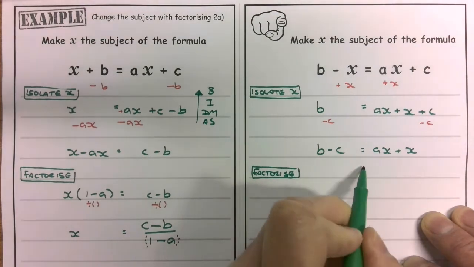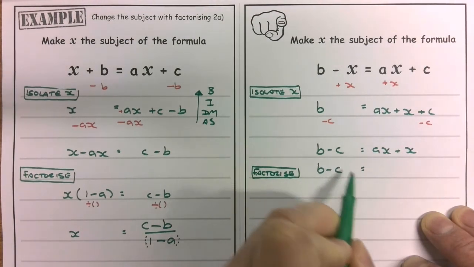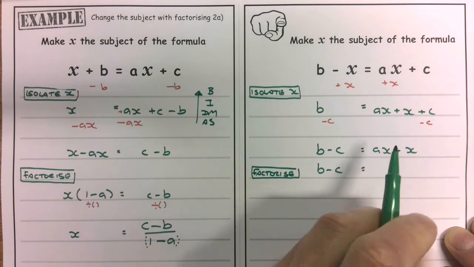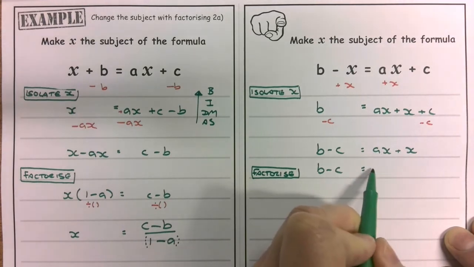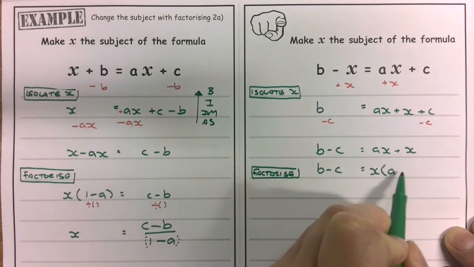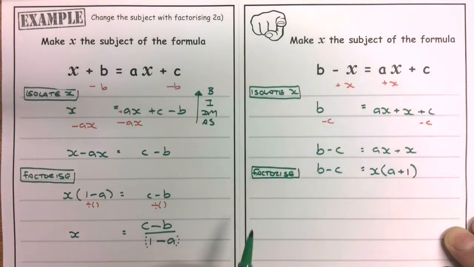So we are going to leave that bit alone, but we'll factorise the x out like that.